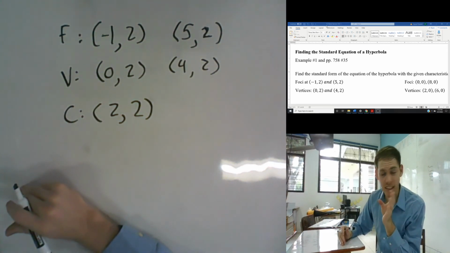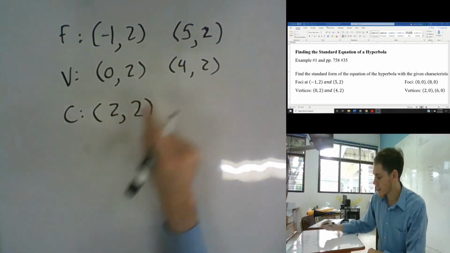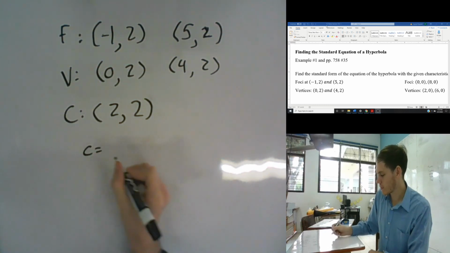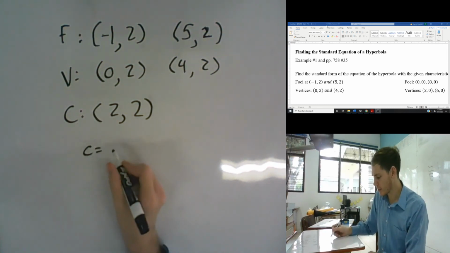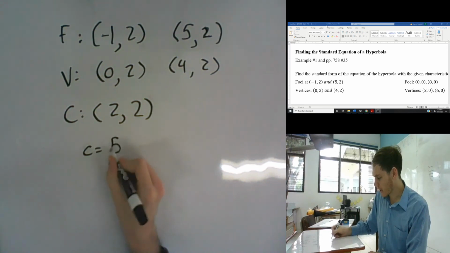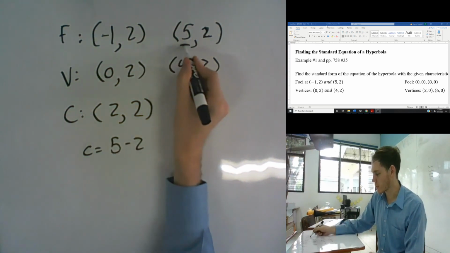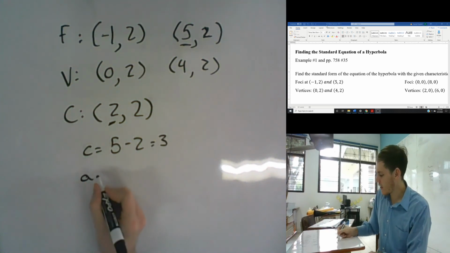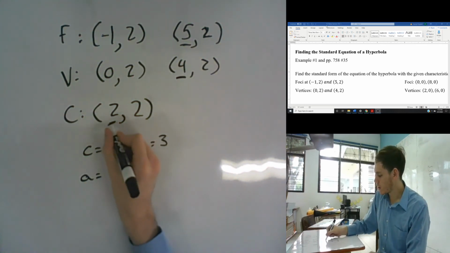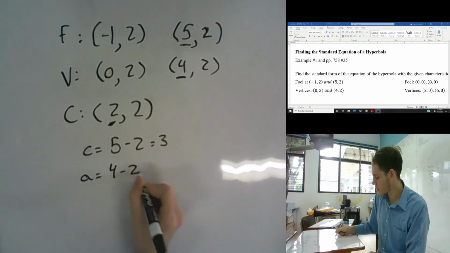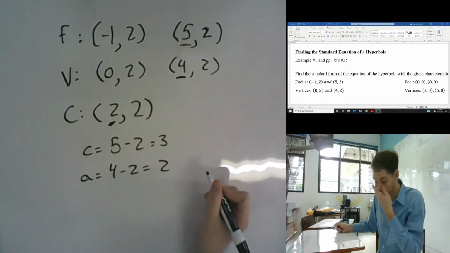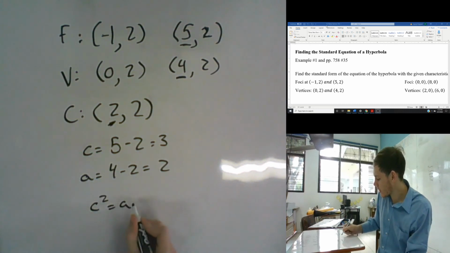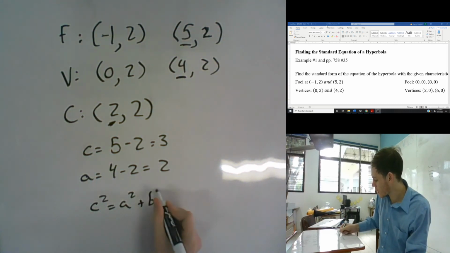Now do we have c? c is the distance between the center and the 5. So little c equals 5 minus 2, because this is what's changing. 5 minus 2 gives us 3. a is the distance from the center to 4, so 4 minus 2 equals 2. Well, c squared equals a squared plus b squared.